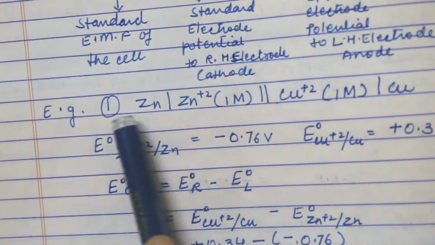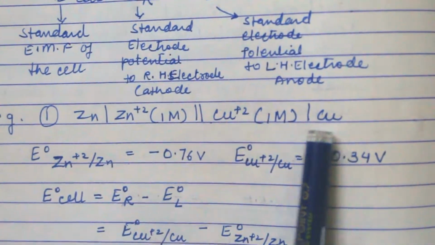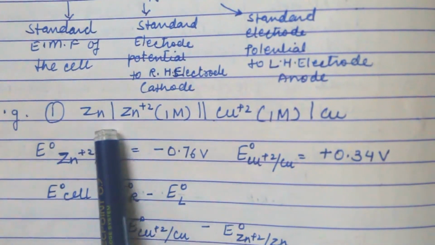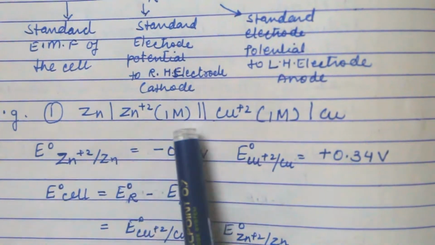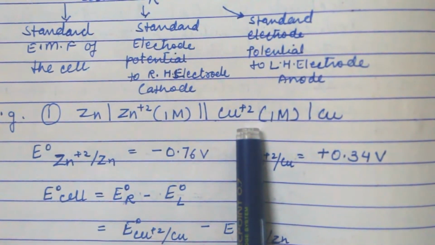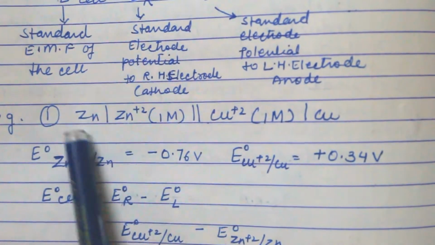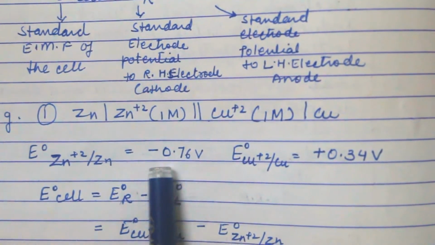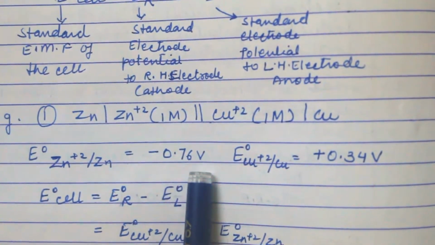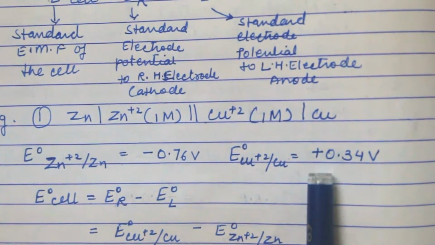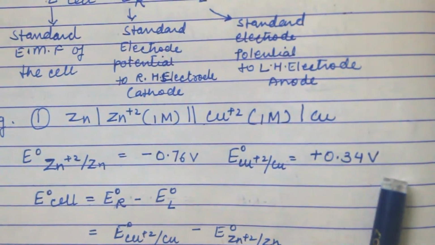So if we consider this cell equation where there is Zn, Zn plus 2 1 molar, Cu plus 2 1 molar and Cu. Zn has the value minus 0.76 volt and Cu has the value positive 0.34 volt.